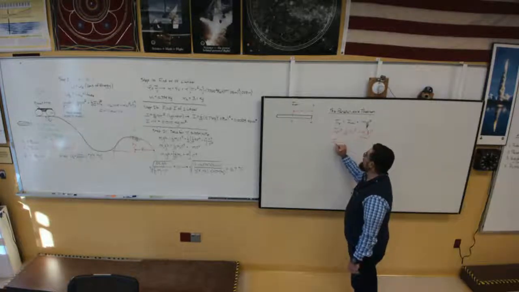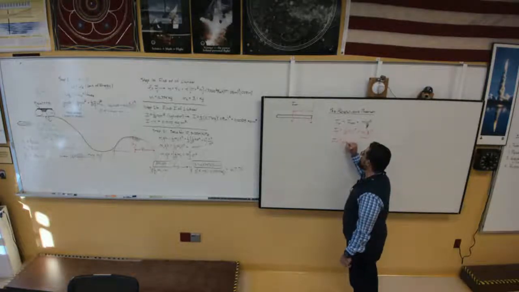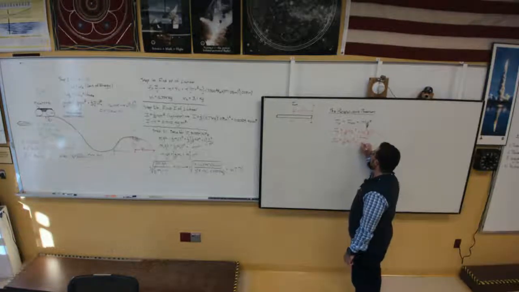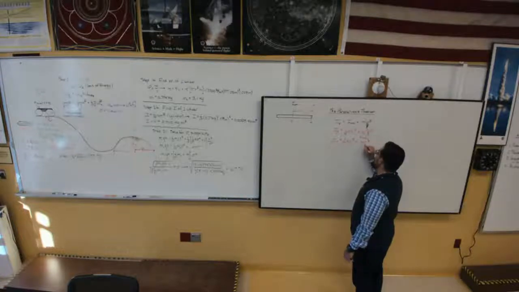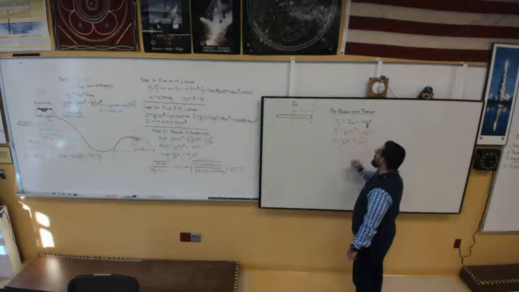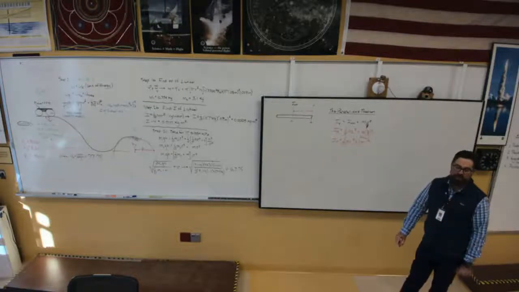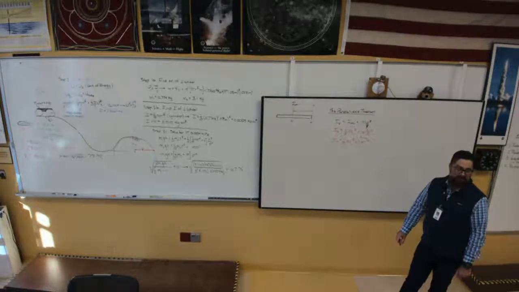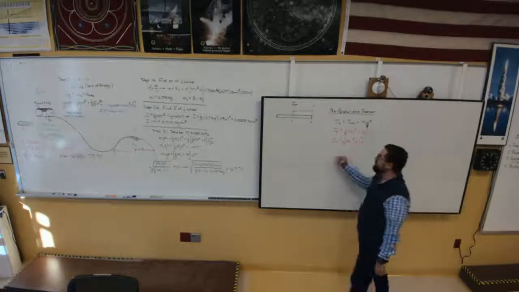You can see that this becomes 1/12 ml squared plus ml squared over 4, or 1/4 ml squared. I'm now going to find a common denominator of 12.